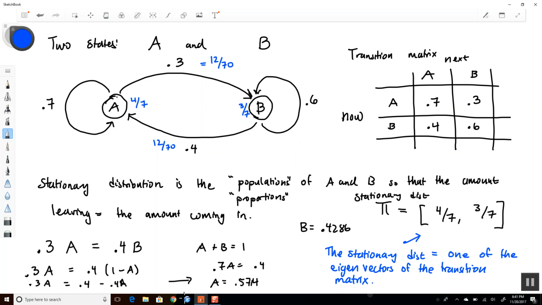So this is kind of the beginnings of just what a Markov chain is.